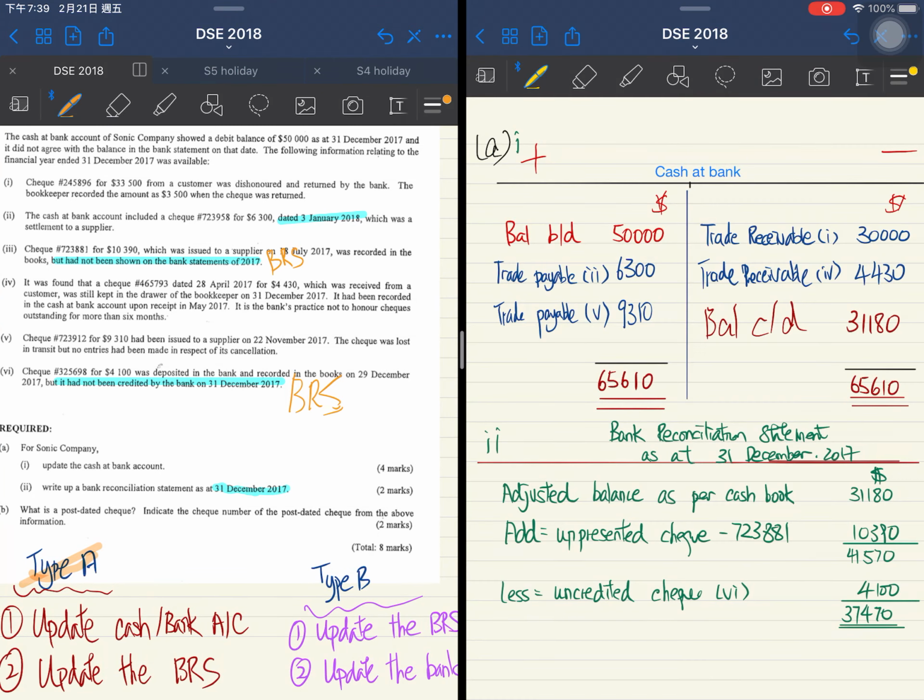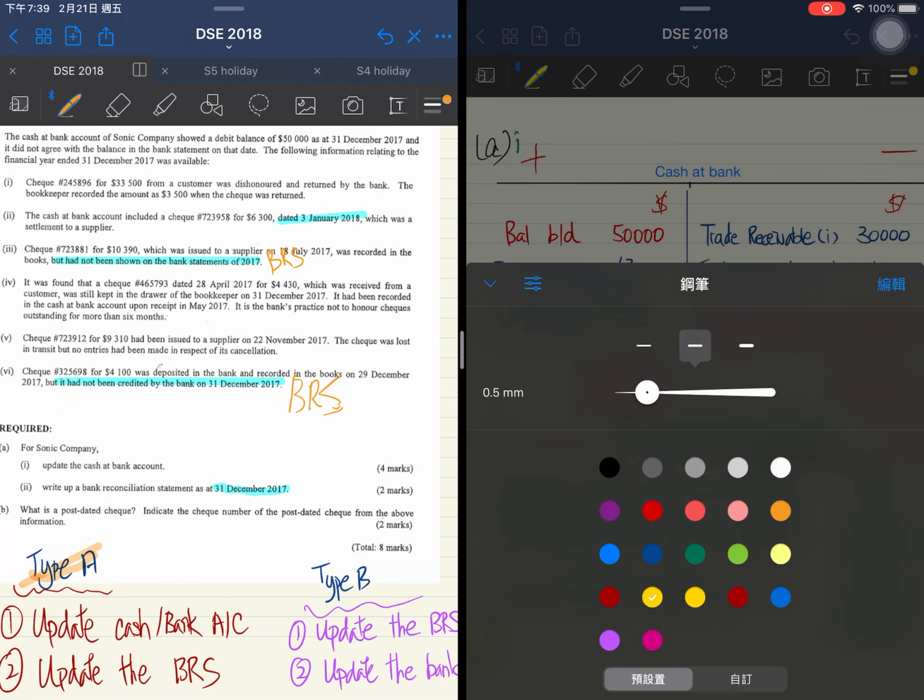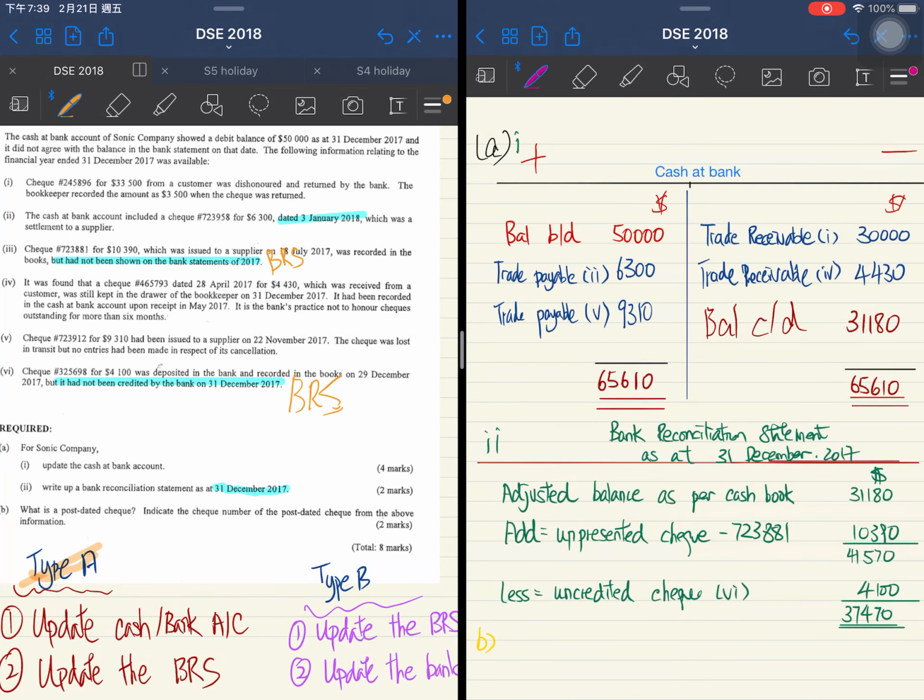So for B, maybe I use another color. Okay, what is a post-dated check? So remember post-dated check, just like our information 2. Today is 31st December 2017, but the check date is the 3rd of January 2018.